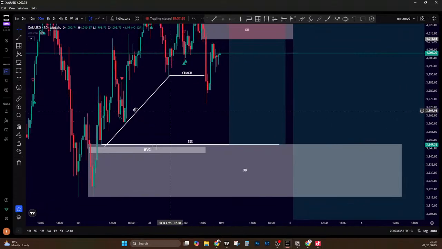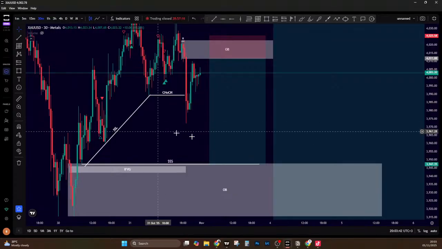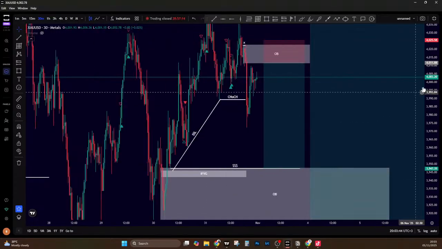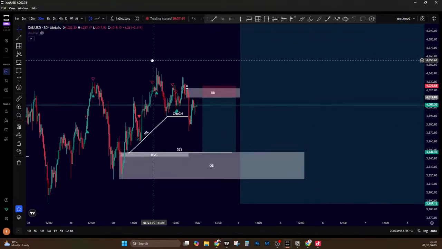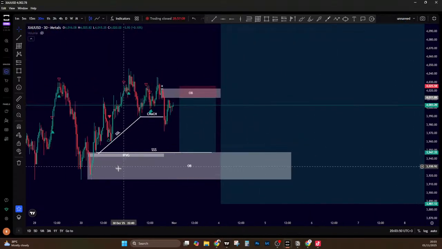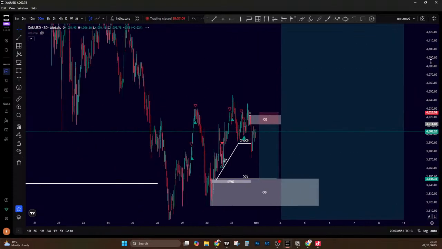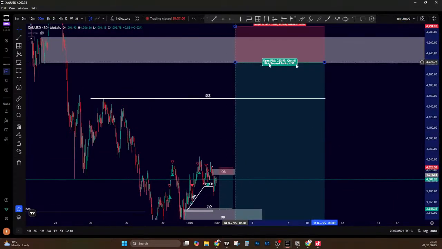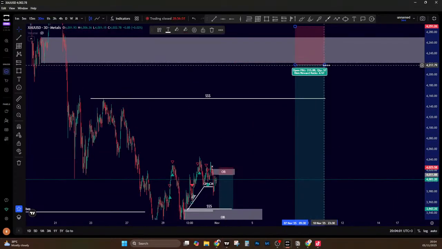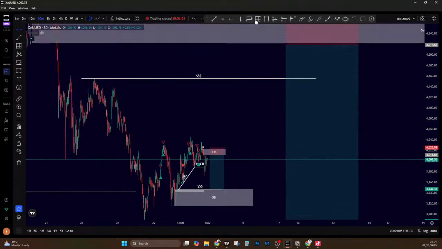Then once the market gets here, all I'll be looking to see is a change of character in 5 minutes, even in 1 minute. As long as it is in my area, even if I see a change of character in 1 minute, I take that buy and hold it until where we have the last liquidity.